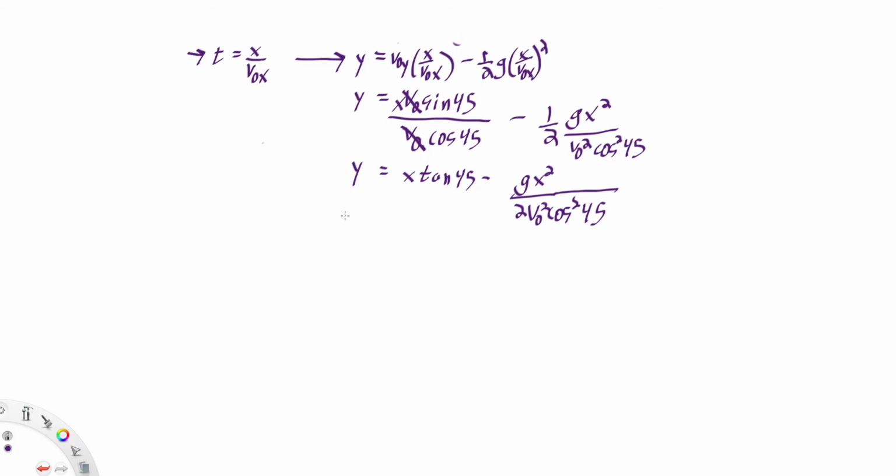So on the left-hand side, we're going to have y minus x tangent 45 times 2 cosine squared 45 over g x squared. The only difference is we're going to have a negative sign out here this time, because we didn't have a negative sign in front of all the terms, so we couldn't just cancel them off.